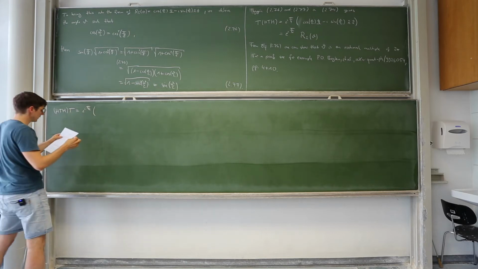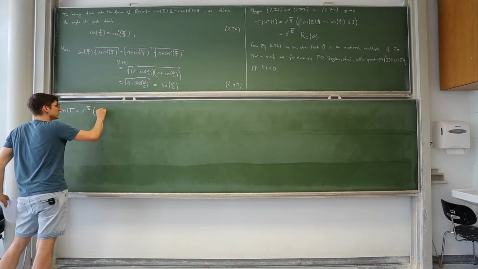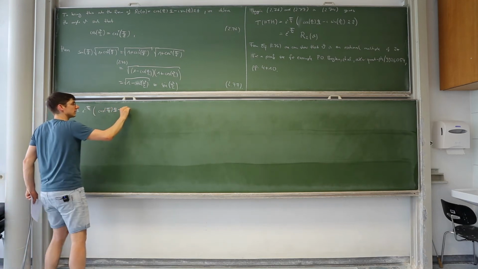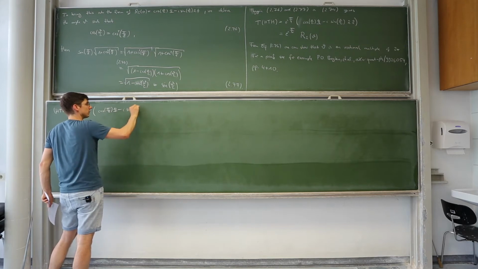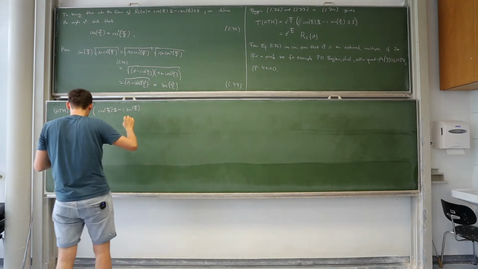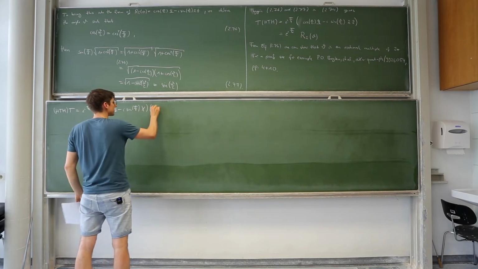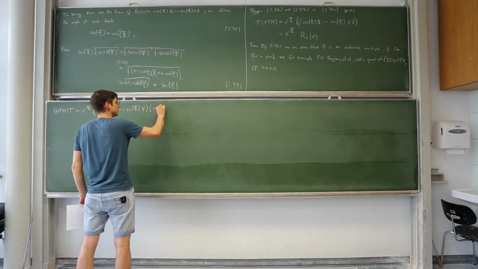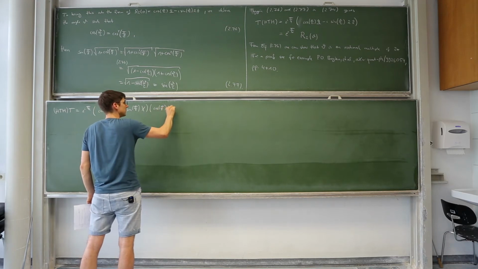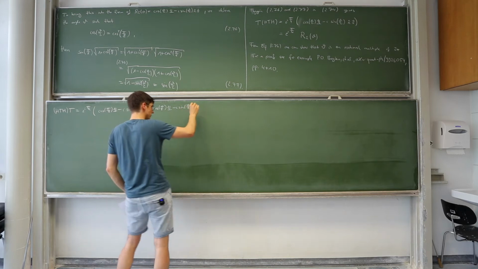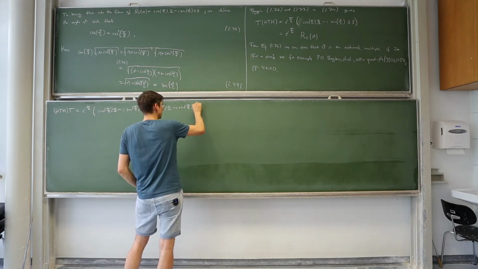And then HTH was cosinus pi over 8 times identity minus I sinus pi over 8 times, I think it was x, yes, x, and T was cosinus pi over 8 identity minus I sinus pi over 8 times z.